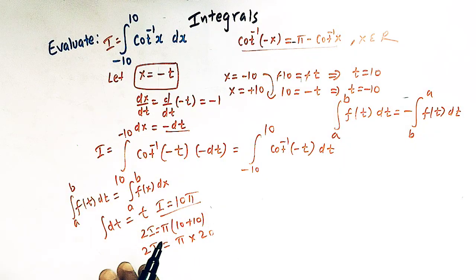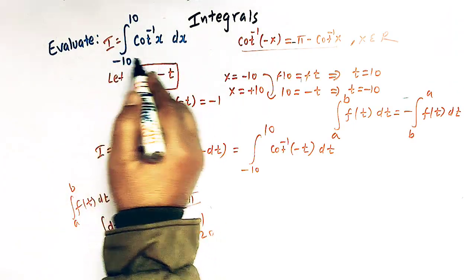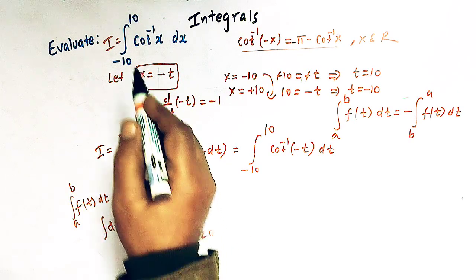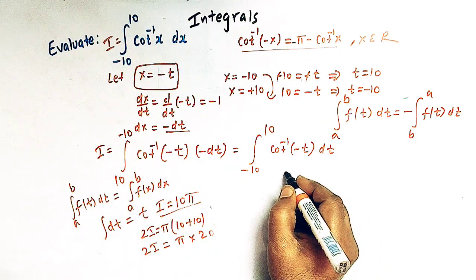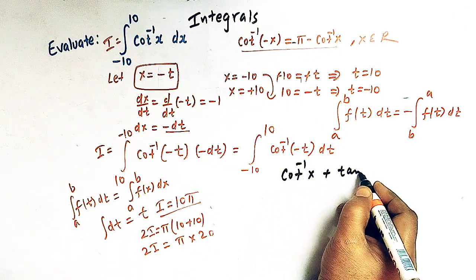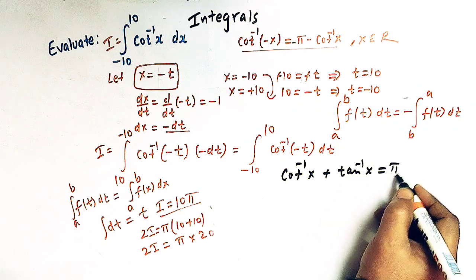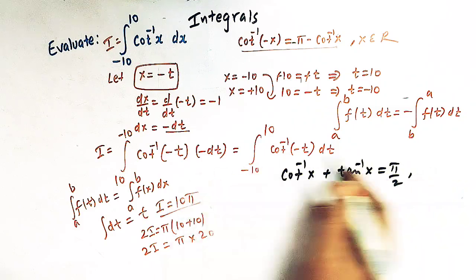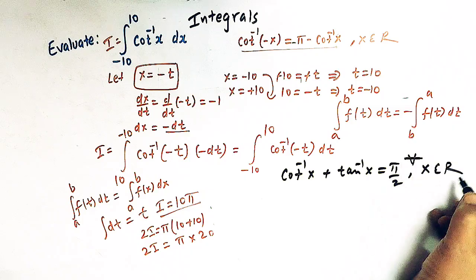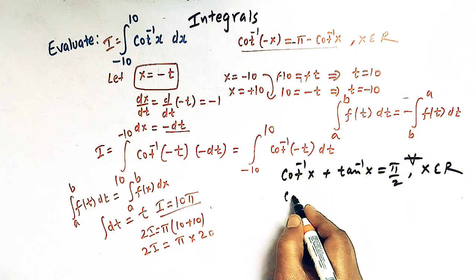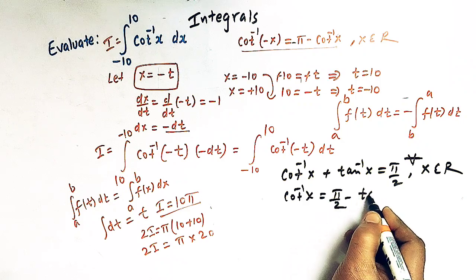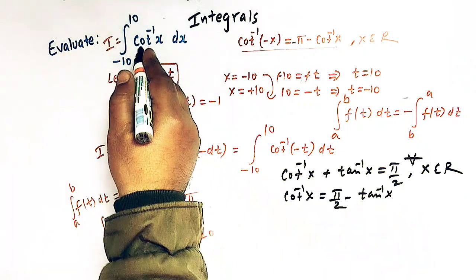Now, here it is interesting to note that the value of this definite integral can also be obtained by using this identity, that is cot inverse x plus tan inverse x is equal to pi by 2 for all x belonging to the set of real numbers. So we can replace cot inverse x by pi by 2 minus tan inverse x, right?